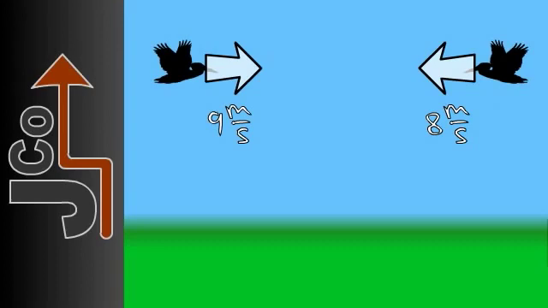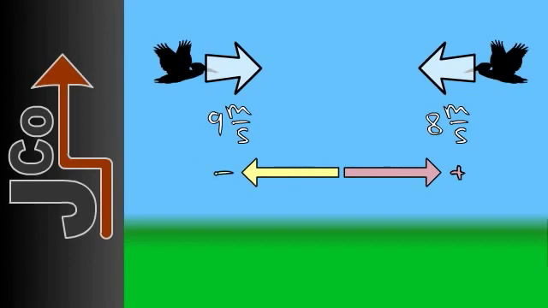If we arbitrarily choose the rightward direction as our positive direction, then this bird's velocity remains at 9 meters per second. But by default, the leftward direction becomes negative, meaning that we have to define this bird's velocity as negative 8 meters per second.